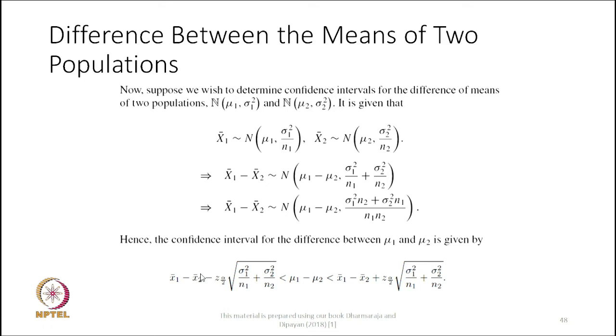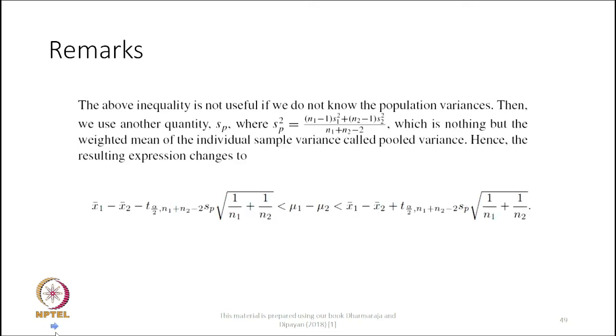Here n1 and n2 are the sample sizes for the samples taken from the first population and the second population respectively. Again, a remark: suppose the population variances are also unknown.